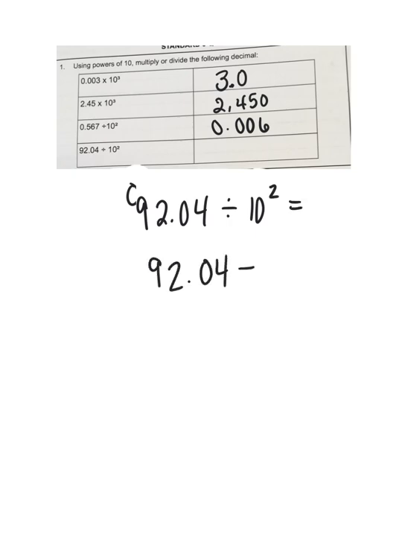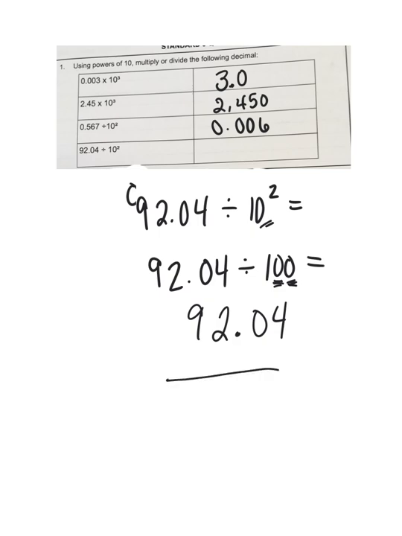Okay, last problem. I'm going to divide 92 and 4 hundredths by 10 to the second power, which means I'm dividing 92 and 4 hundredths by 100. That's the value of 10 to the second power. To find my quotient, I'm going to rewrite my number and move my decimal point 2 spots to the left. 1, 2.